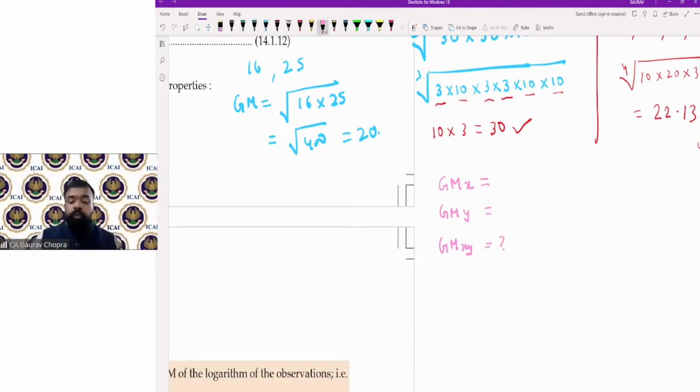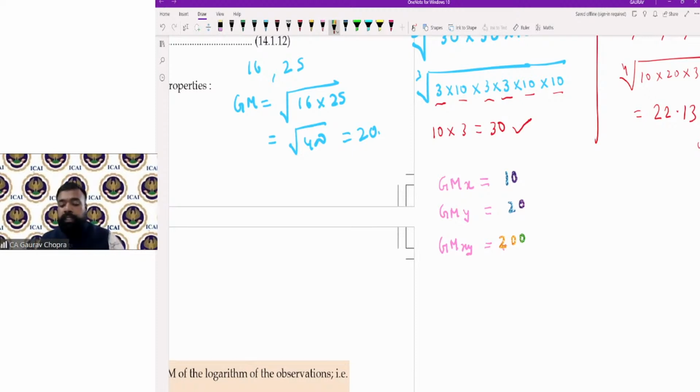Let's say geometric mean of x is 10 and geometric mean of y is 20. Then geometric mean of xy will be 200, that is the product of 10 and 20. So if GM of x is 10, GM of y is 20, then GM of xy will be 200.